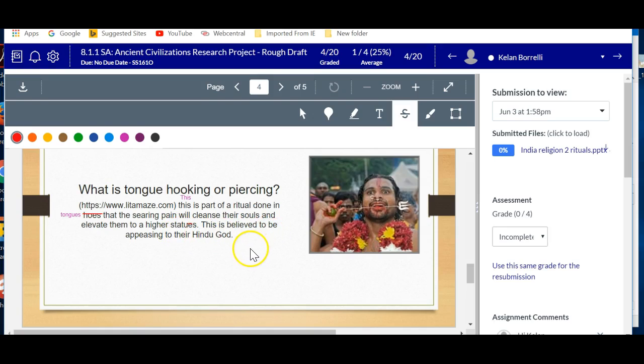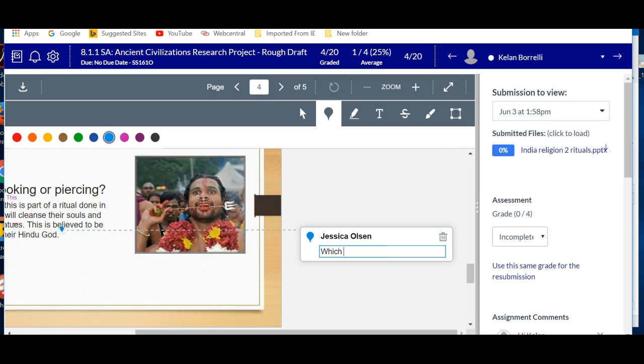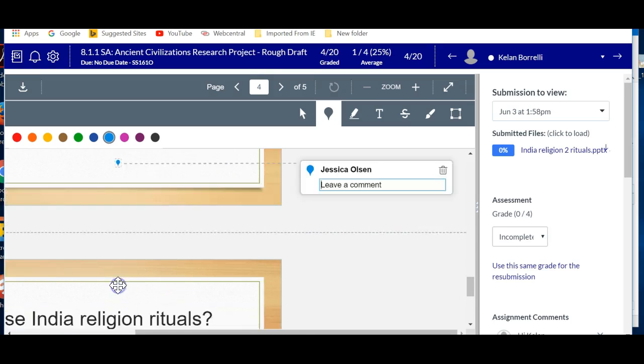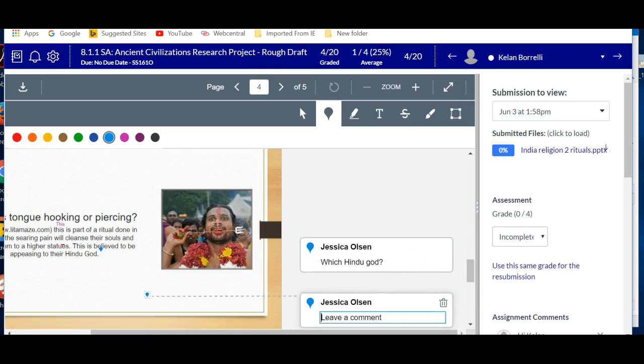This is believed to be appeasing to their Hindu god. And I'm just going to write you a note right here: which Hindu god? Okay. All right. So moving back over.